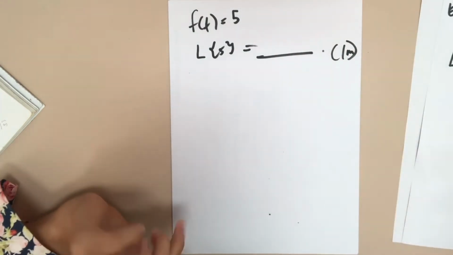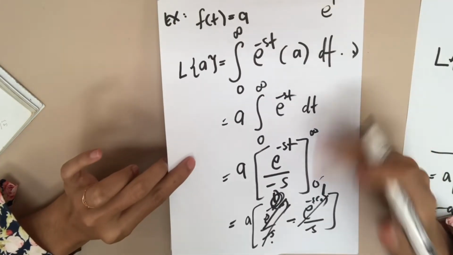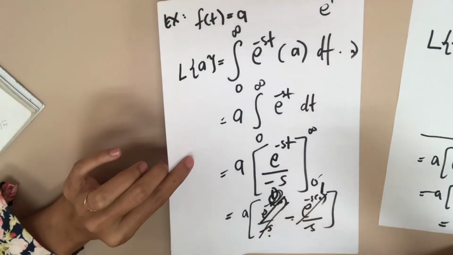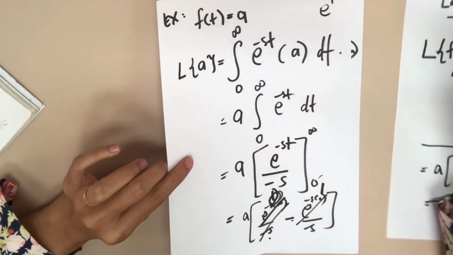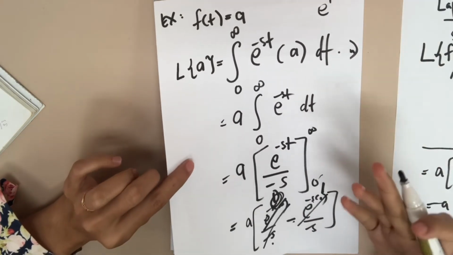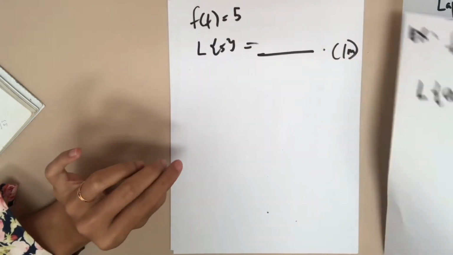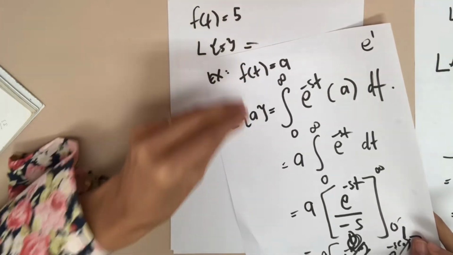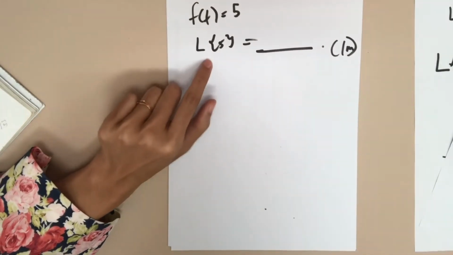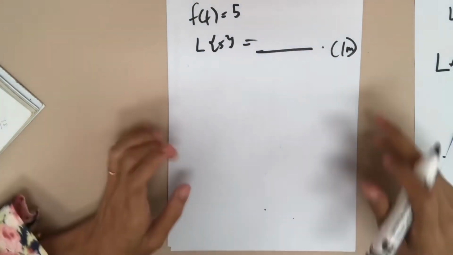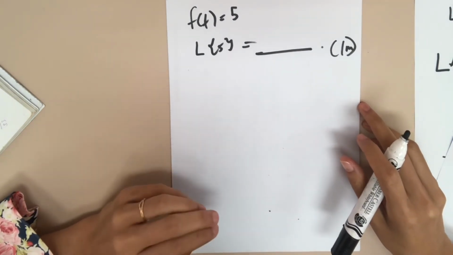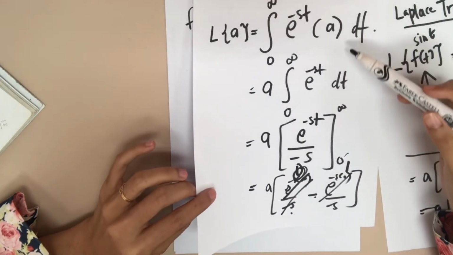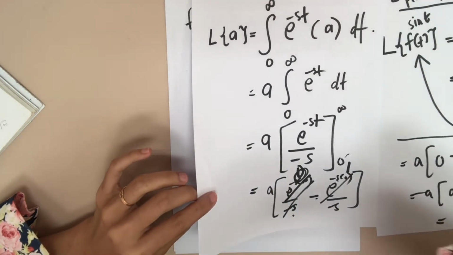Class, just now I showed you how to find the Laplace transform for a constant. The marks could be 5 or 8 or 10, depending on how long it is. But now it's actually the same question, because it's the same function. I just substitute a with a number. Laplace transform of 5, and the marks is only 1 mark. Of course you won't calculate it like this, right?